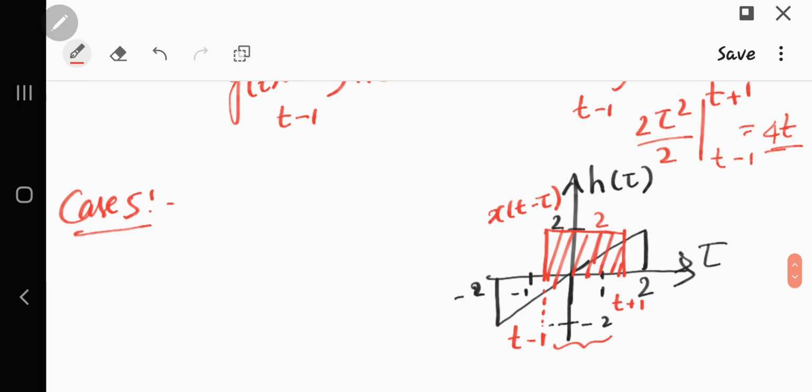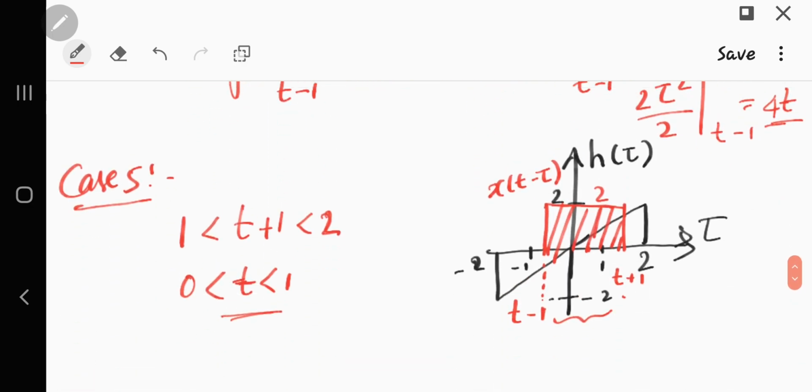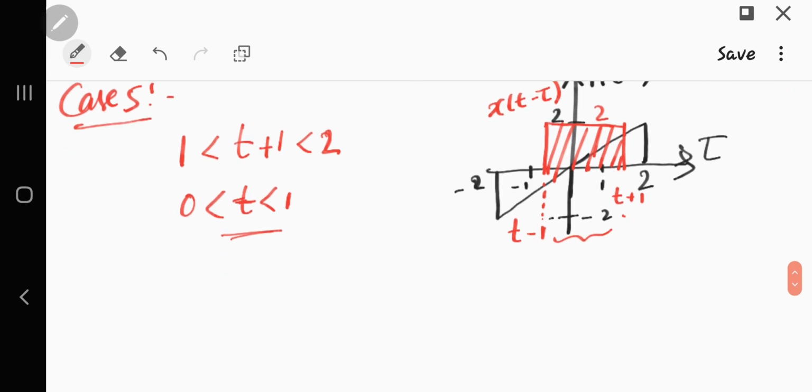And how do you define the case here? As I told you, you can mention either taking this end or this end. I will stick to the first one only: t plus 1 less than 2 and greater than 1. If you simplify this, you will get 0 to 1. You can see the continuity: minus 1 to 0, now 0 to 1. In this duration, what happens to y of t?